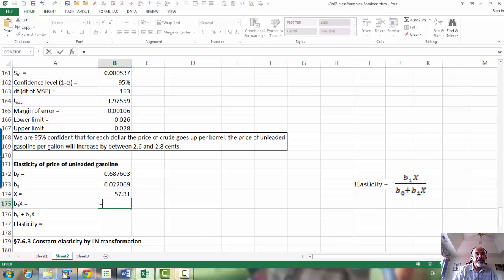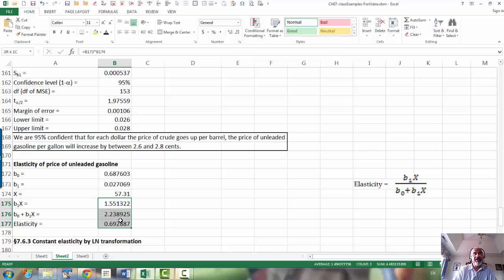So this is the formula. We need b sub 1 times x, and that's the numerator. The denominator is b sub 0 plus b sub 1 times x. Now we take the numerator, divide by the denominator, and what we get is the elasticity.